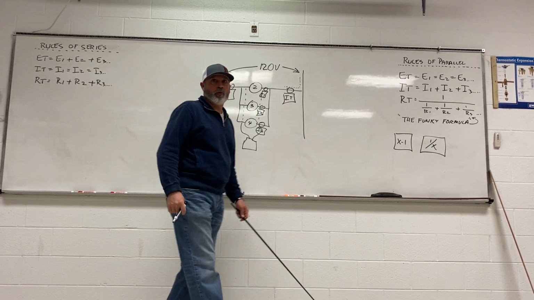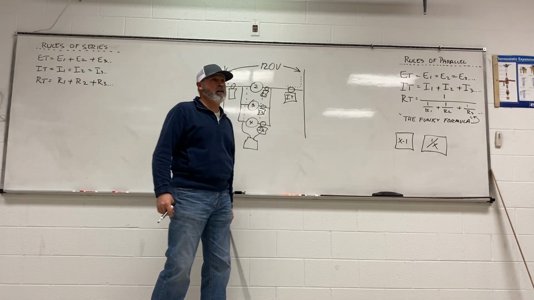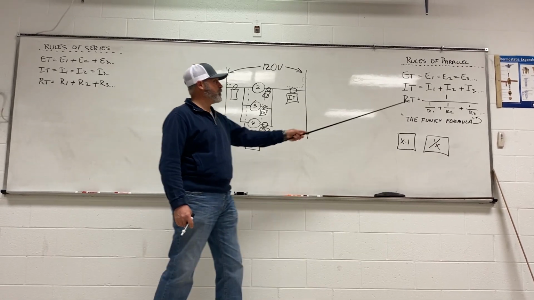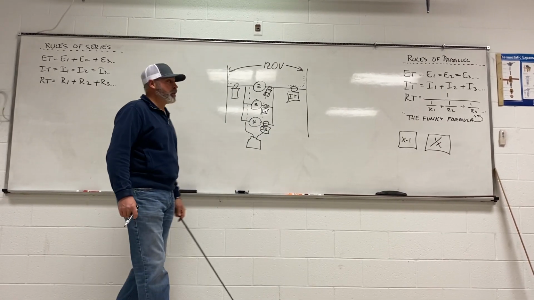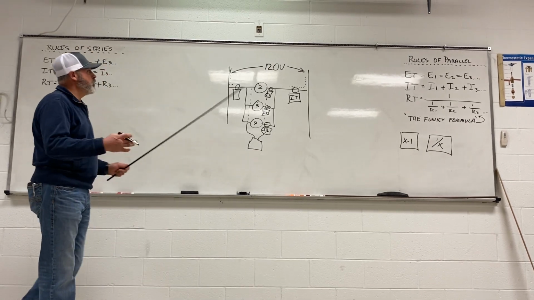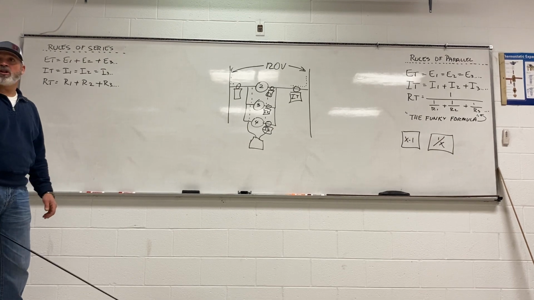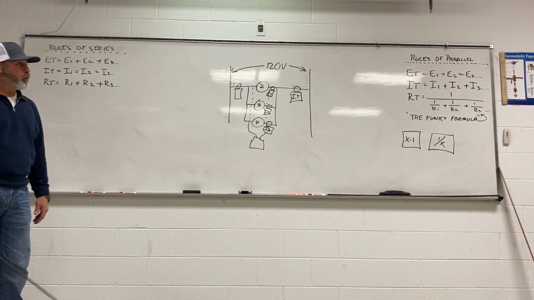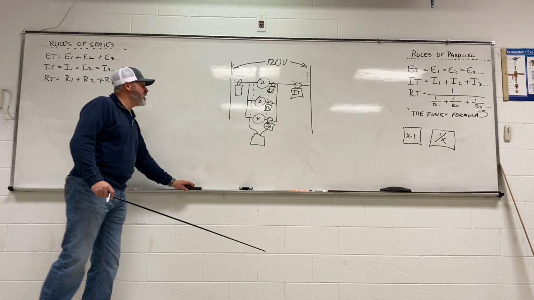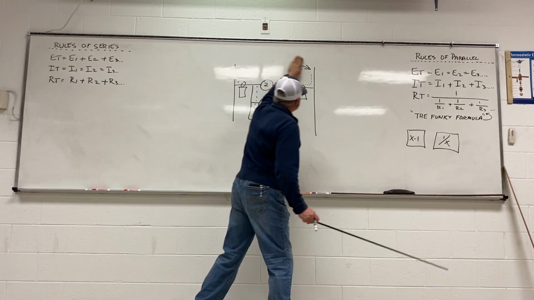You will have to utilize this button on your calculator to be able to perform that particular formula. Okay, so we've wired a lot of series circuits and a lot of parallel circuits in our lab already. So a lot of this is identifying what we're dealing with.